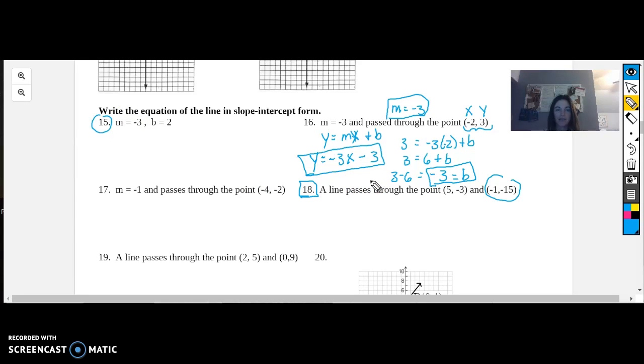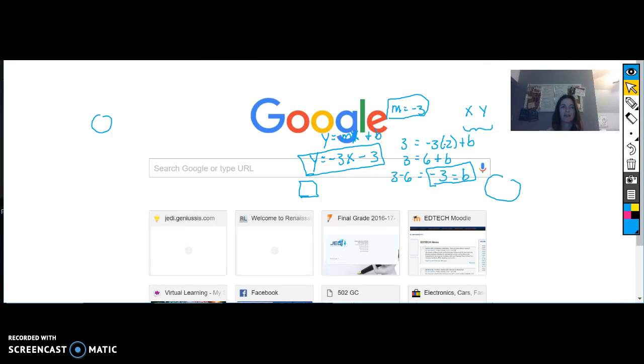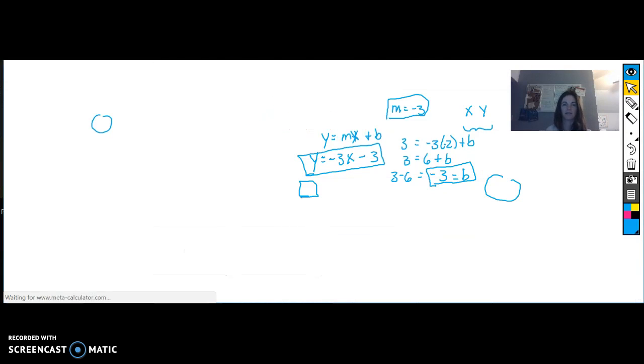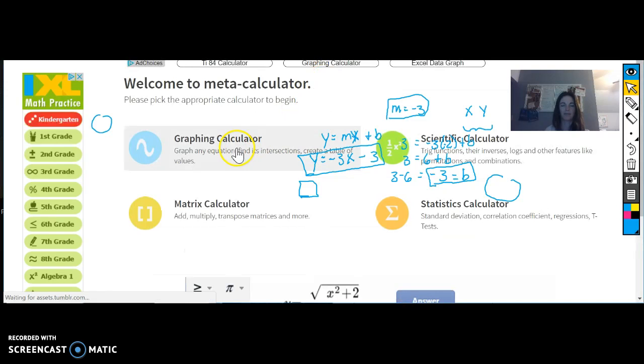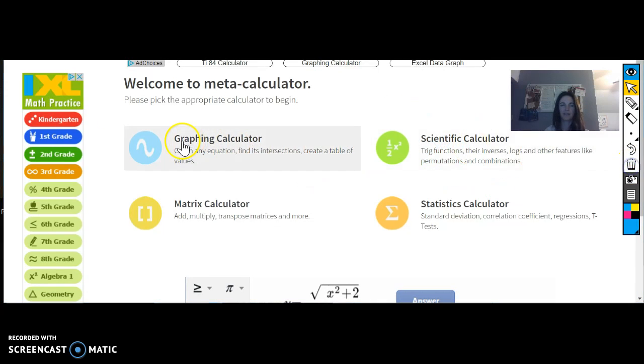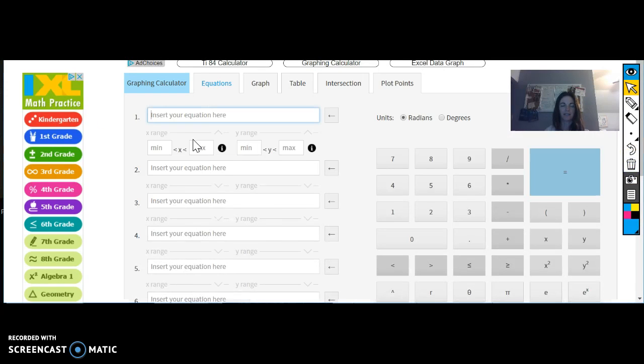The other thing that's worth mentioning is that there are a couple good graphing calculators that you're welcome to utilize. One of them is MetaCalc. I really like MetaCalculator, the graphing calculator on here. You can use that.